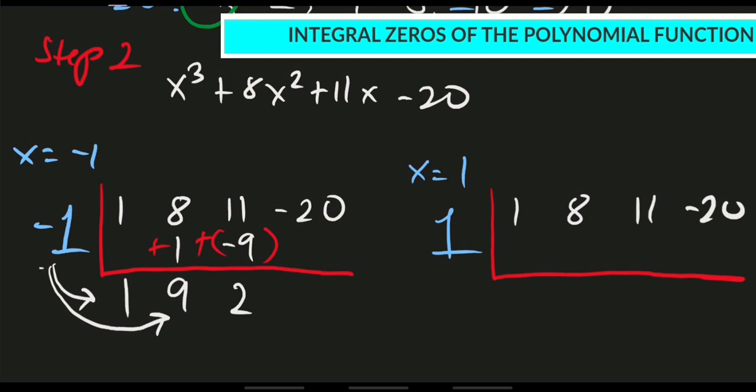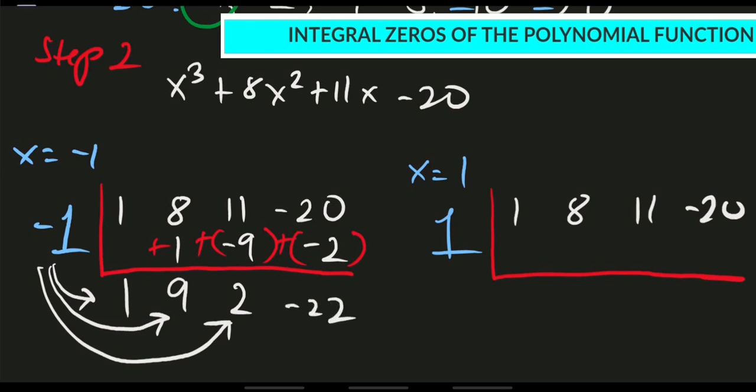Right, so negative 1 times positive 4 is negative 4, and then add it again. So negative 20 plus negative 4 is actually equal to negative 24. Since the remainder for this given problem is not equal to 0, that means this x as negative 1 is not a zero. Okay, it is not part of our solution.